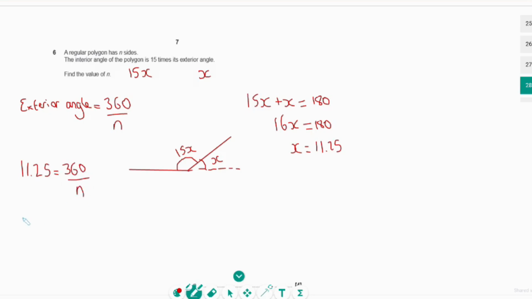I'm going to times both sides by n. Divide both sides by 11.25. Just gives you n is 32. Polygon has 32 sides.